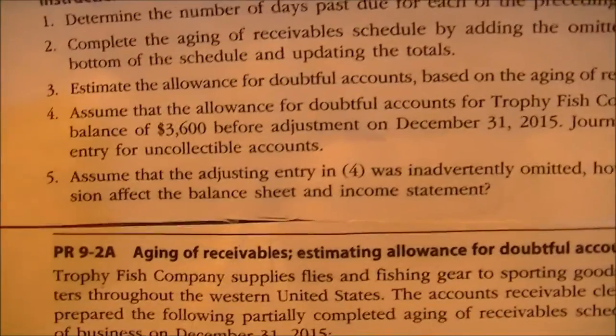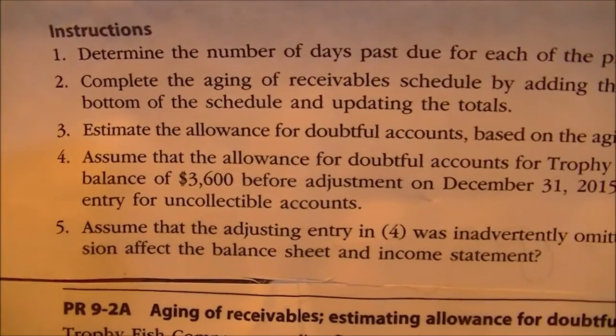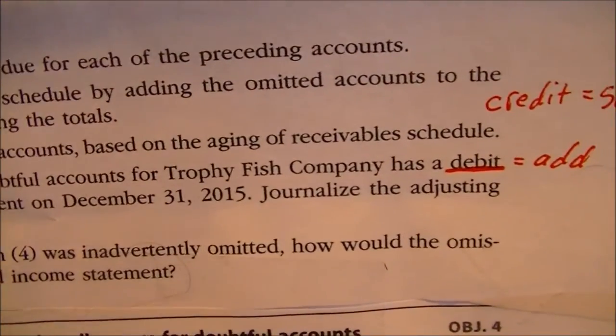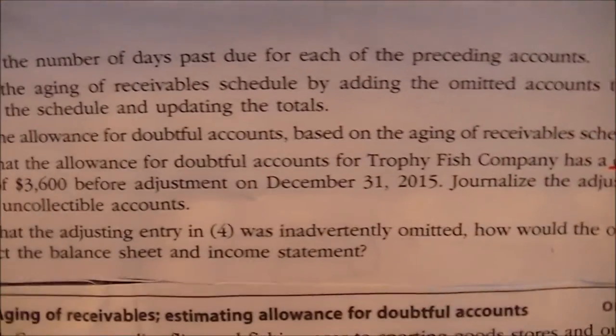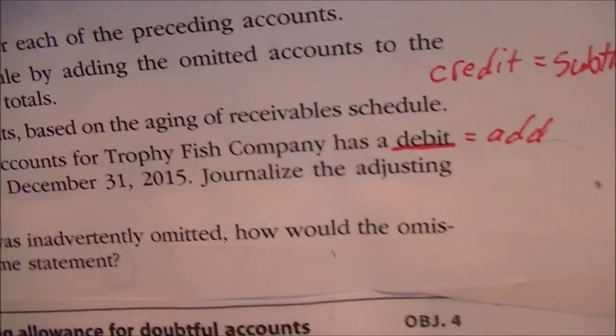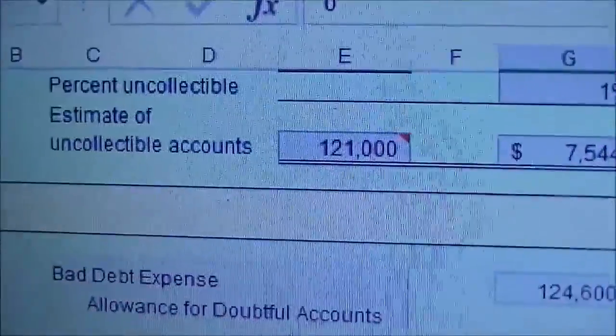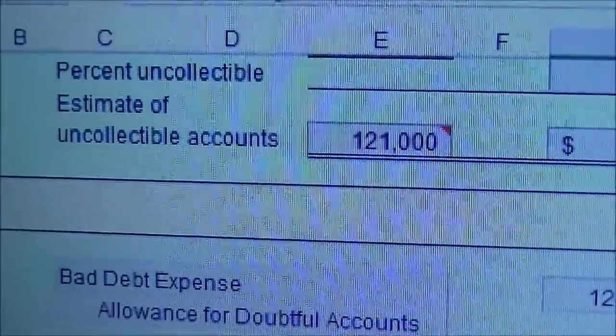Now this is key. This is important here. Read where it says the company has a debit balance. So if it's debit, you're going to add this number to your uncollectible accounts here, which is $121,000.